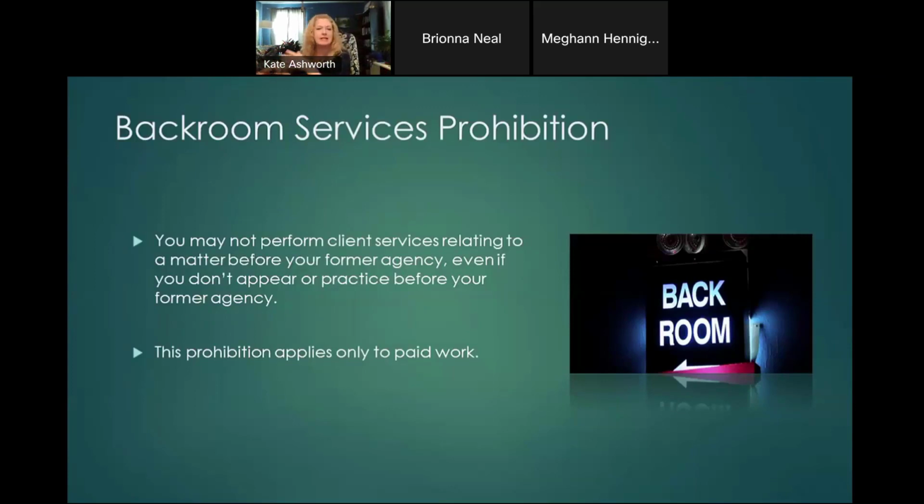They can't behind the scenes be strategizing and using that inside information in order to help their new private sector employer gain an unfair advantage based on your insider knowledge. All right. So this applies only to paid work. You can do certain backroom services on a volunteer basis, but if you get an employee who is splitting those hairs, by all means seek guidance from the commission about how those apply.